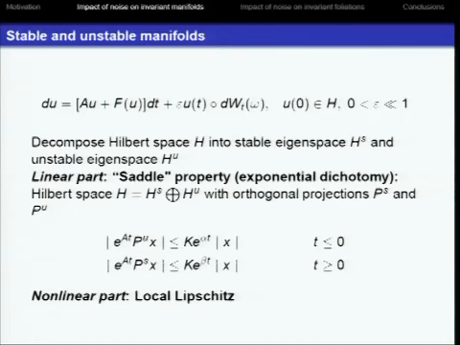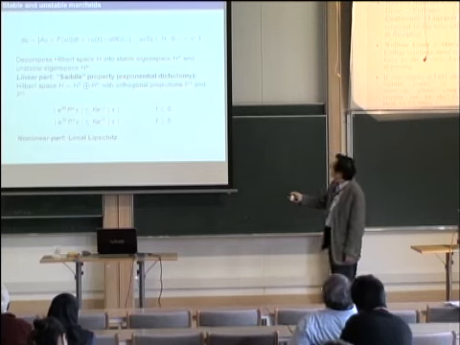It can be more generally an evolutionary system in a Hilbert space. Now this A is the linear part, F the nonlinear part. Here, there's a small epsilon. Now this stochastic part is in Stratonovich form, not essential but convenient.